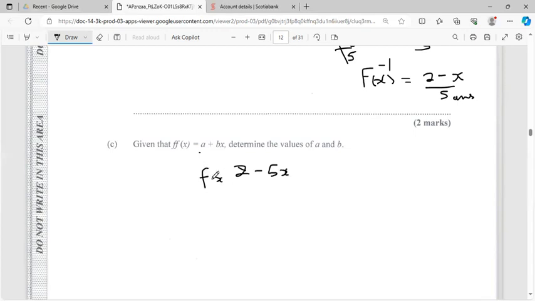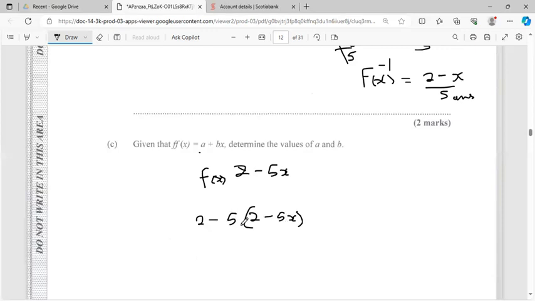Now the rules state that when you combine two functions, you write the last one first. So the last one would still be this 2 minus 5x, which is f, and then we're going to combine f with itself. So f is 2, so we have 2 minus 5 and all of this is x.